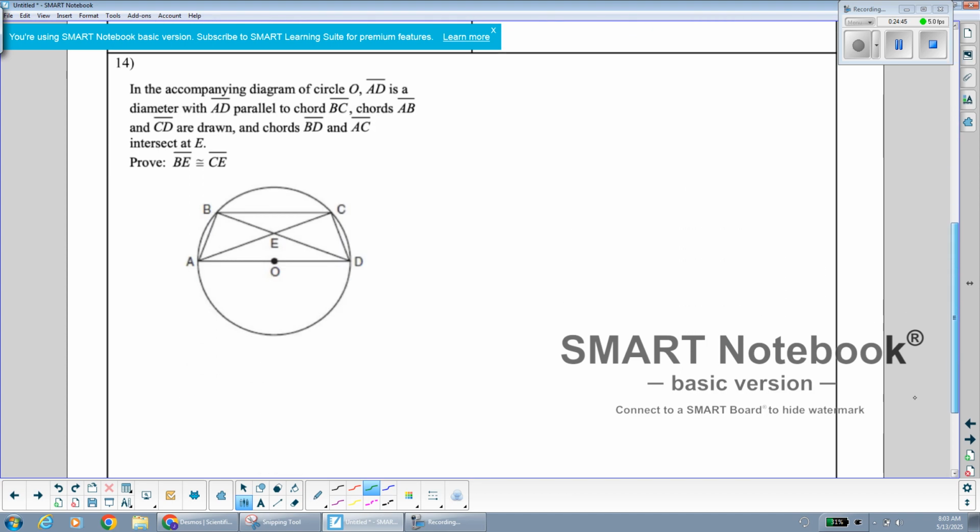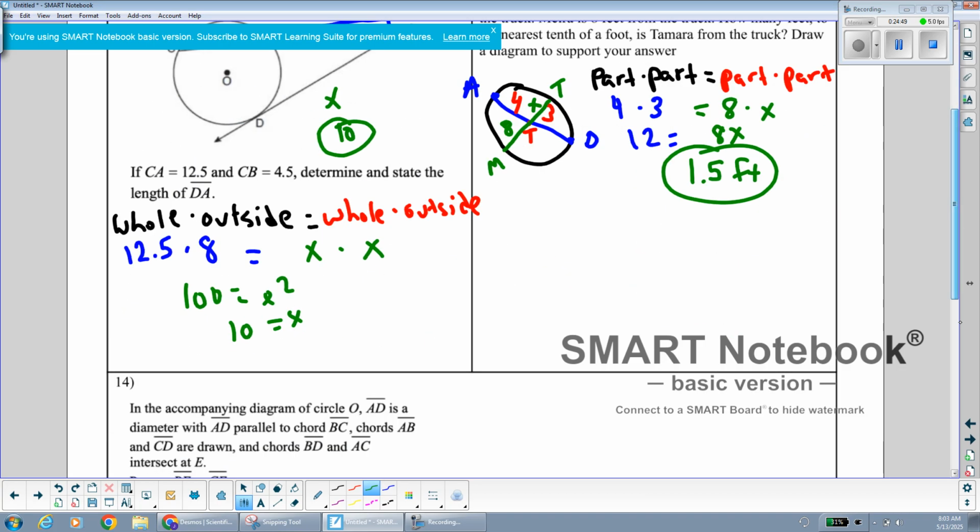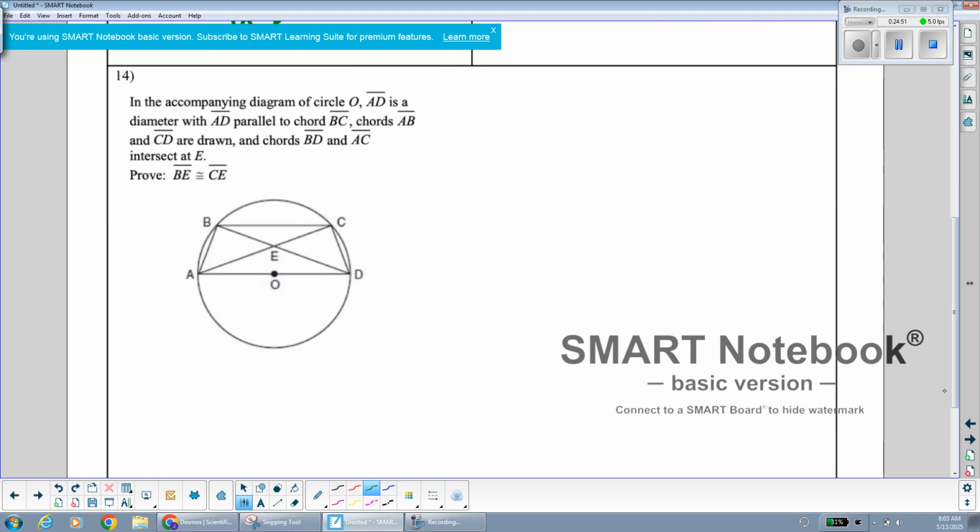Okay, over here we have a proof. We want to make sure that we mark our diagram with the given information before we even write up our proof. So we have that AD is parallel to chord BC. And what we're proving is that BE is congruent to CE.